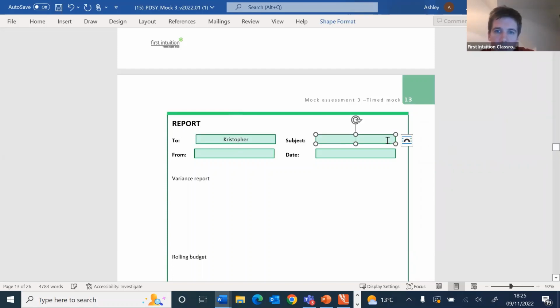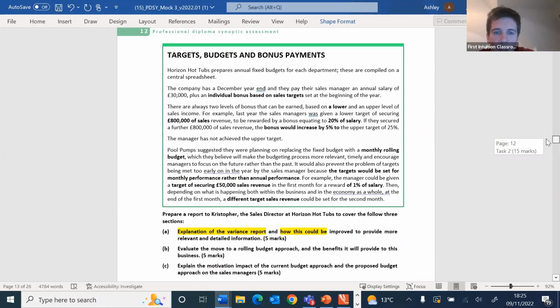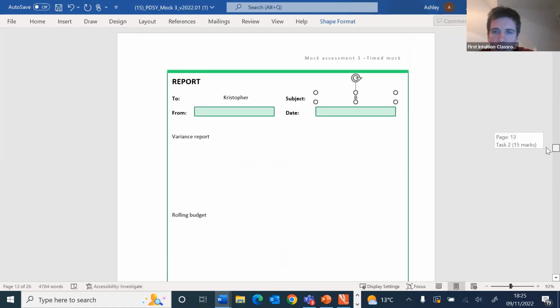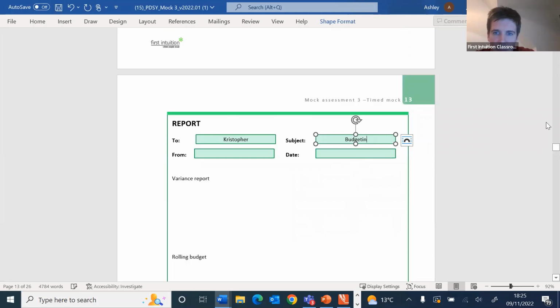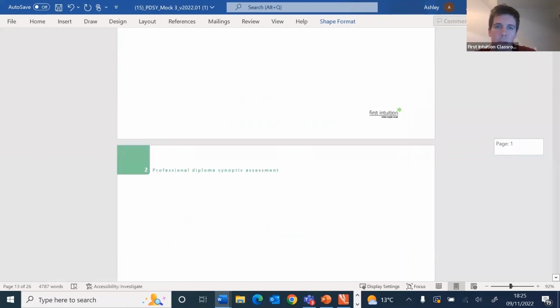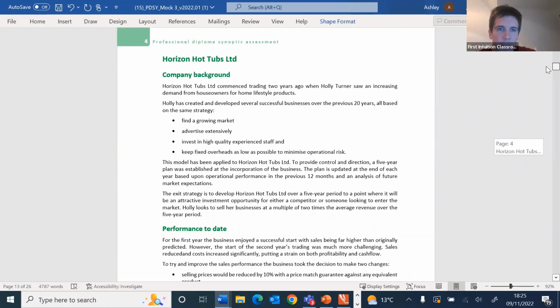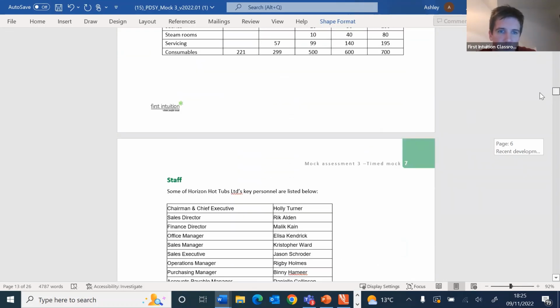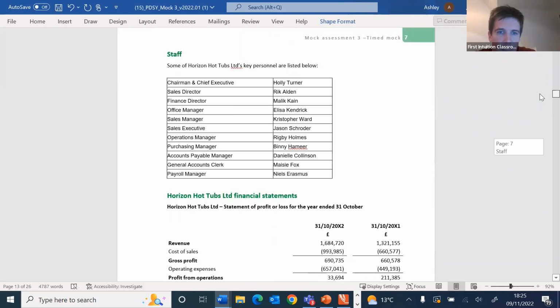And the subject would be, I don't know, what they asked us. Anything sensible. Budgeting and say the bonus scheme. You need to remember who you are, and they tell you that in the assessment itself, or rather who Christopher is, Christopher Ward.